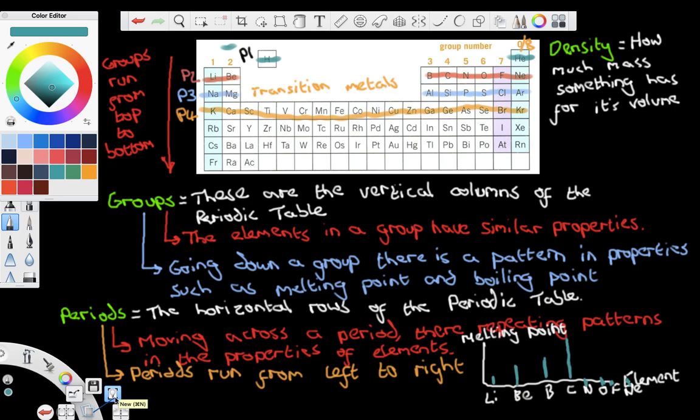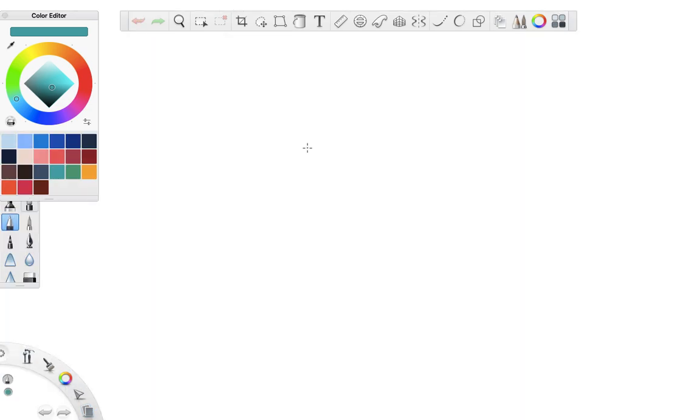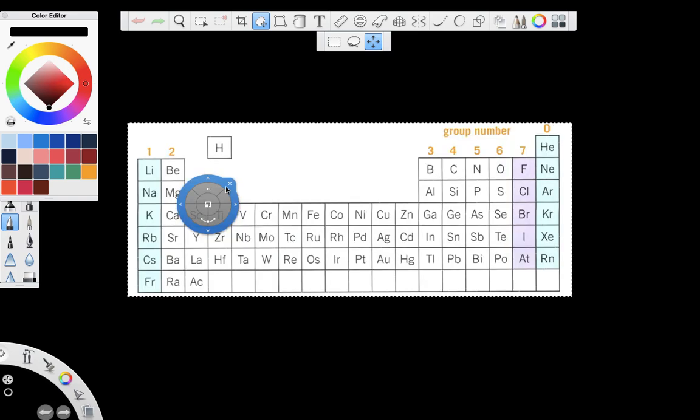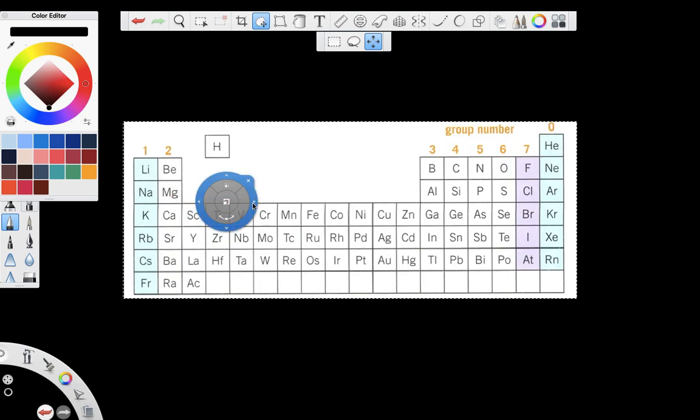If you are asked to predict the properties of an element, in fact what we'll do is we'll clear the screen and we will play a bit of a game that you can play along at home on your own. I know it's not the funniest thing in the world, but hey ho.